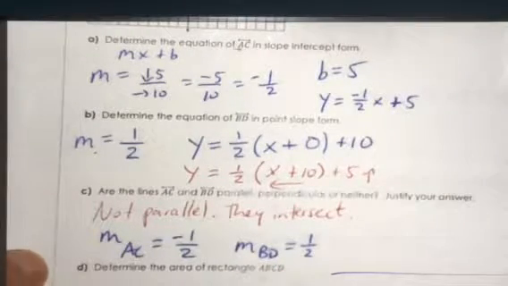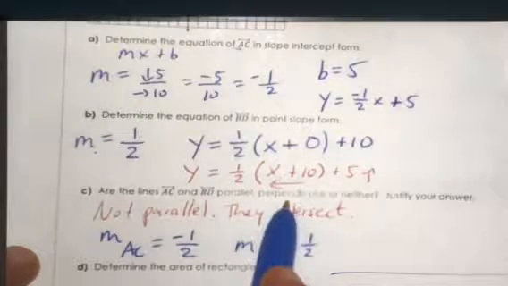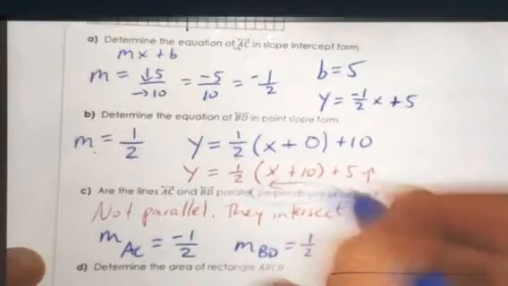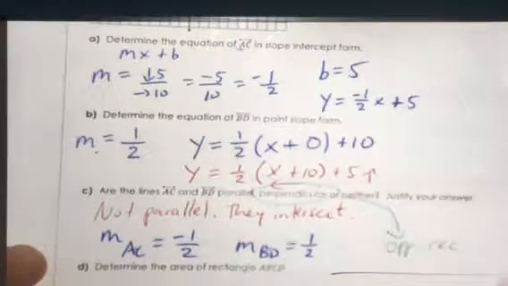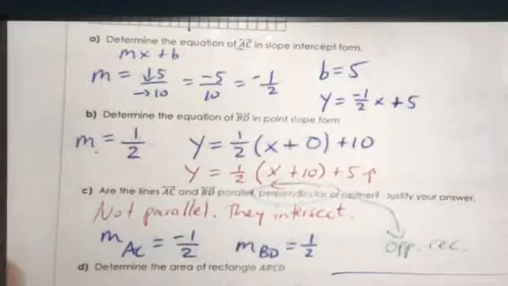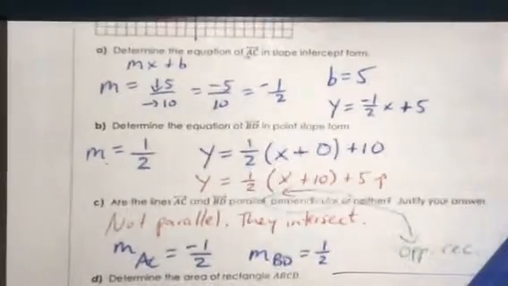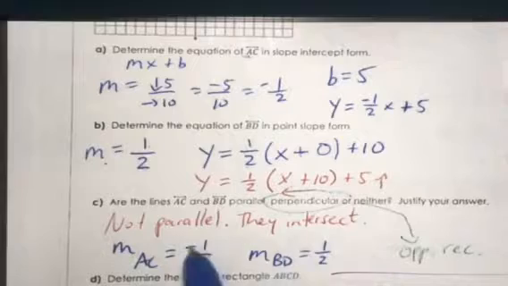Now be careful. For us to have perpendicular lines, we need slopes that are opposite reciprocal. So opposite meaning the sign changes.